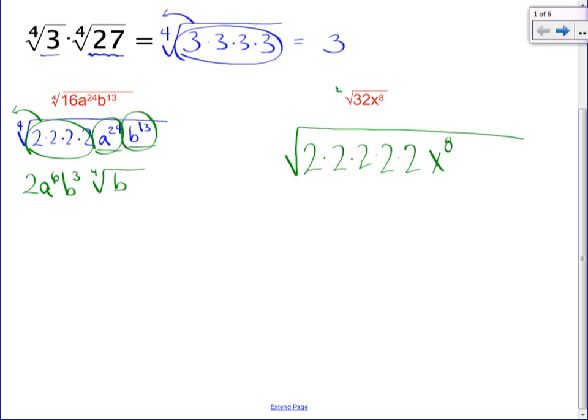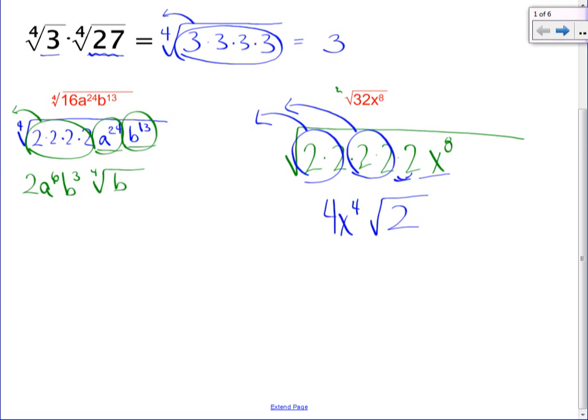So we're looking at groups of size 2. So we can take out a 2 and take out another 2. We multiply those together to get 4. And then how many groups of 2 are here? 4. So we take x to the 4th. And we still have square root what? 2. This 2 right here is left over.